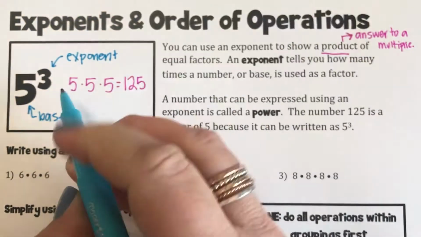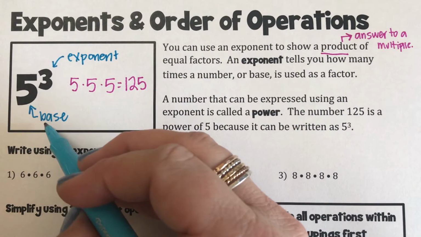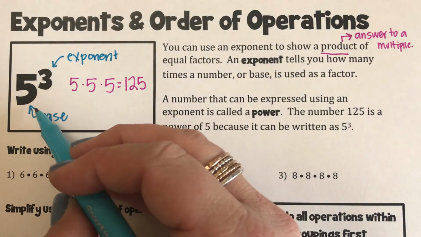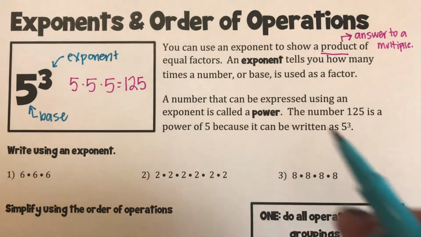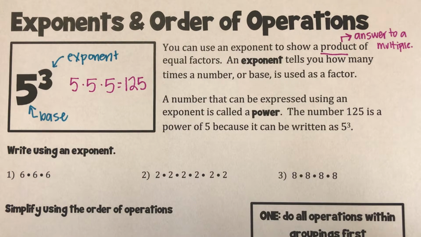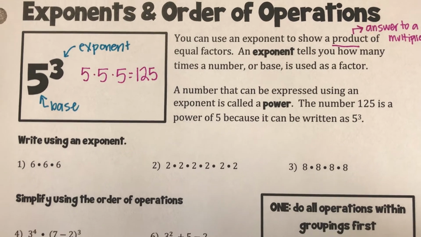And so the exponent is telling us how many times this base is being used as a factor. So because it's 5 to the third power, 5 times 5 times 5 is 125. And a number that can be expressed using an exponent is called a power. So the number 125 is a power of 5 because it can be written as 5 to the third.